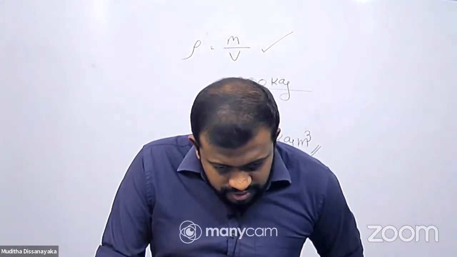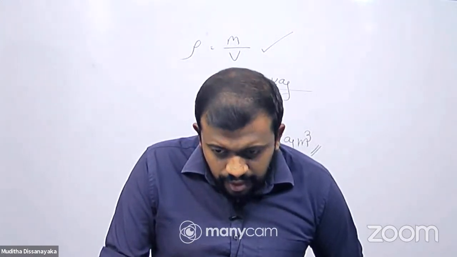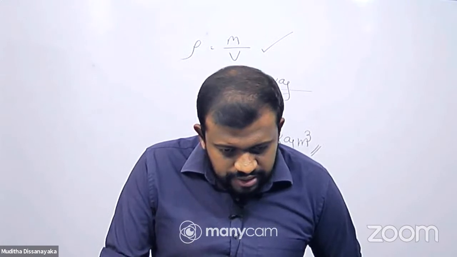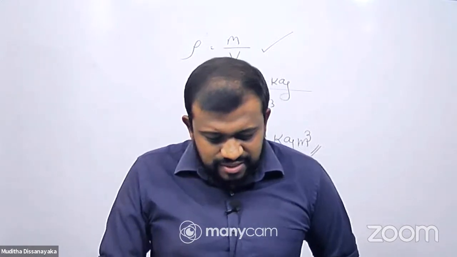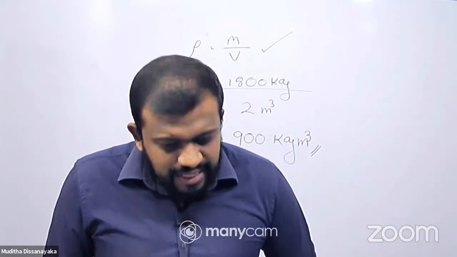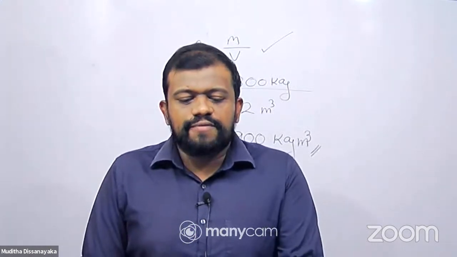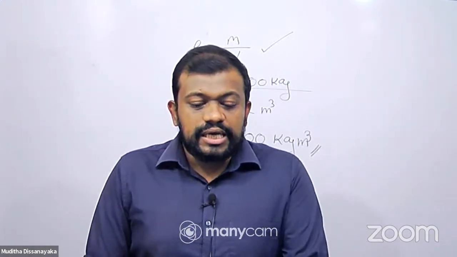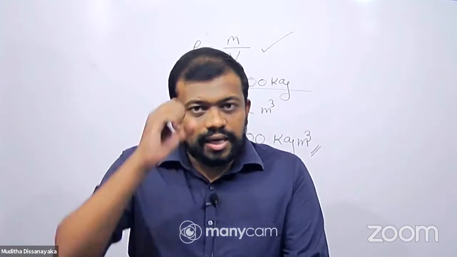State the letter of the structure which controls the amount of light that enters the eye. G is not the ciliary muscle. So what is the structure which controls the amount of light which falls into the eye?